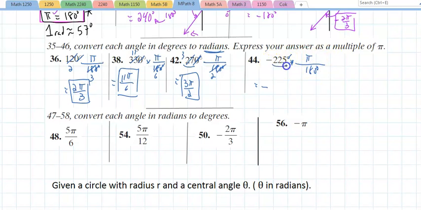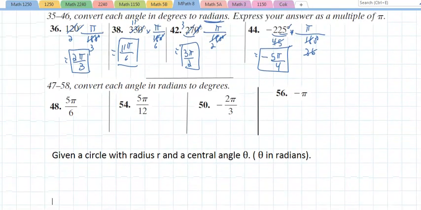If I divide by 5, that's 45 over 36. If I divide by 9, that's a 5, and if I divide by 9, that's a 4. There.